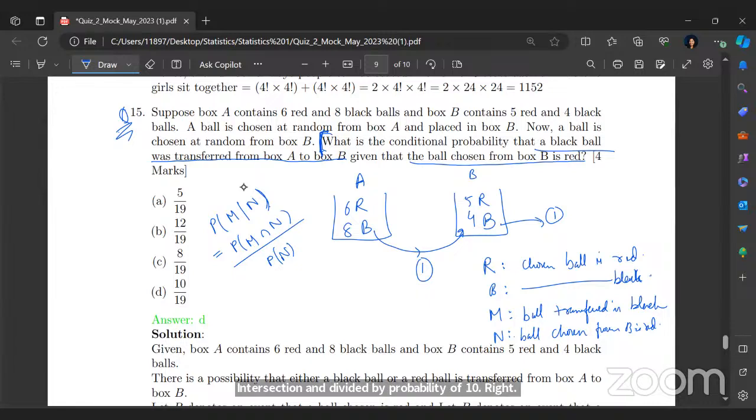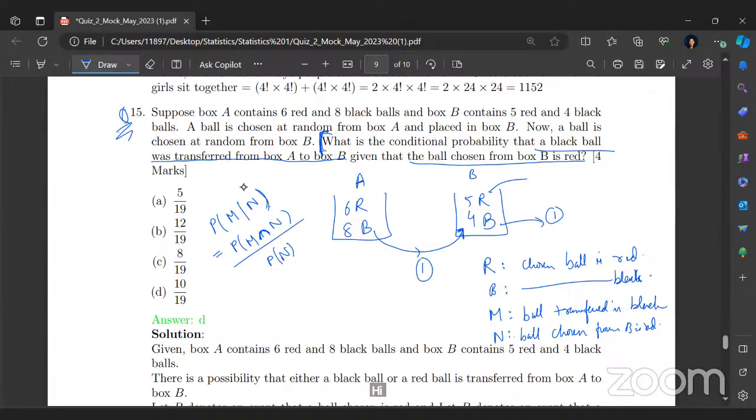When we say M intersection N, what do we mean? So M is that the ball transferred is black in color, and the ball chosen from box B is red. Okay, so when you transfer a black ball to box B, how many black balls will be there? 5.